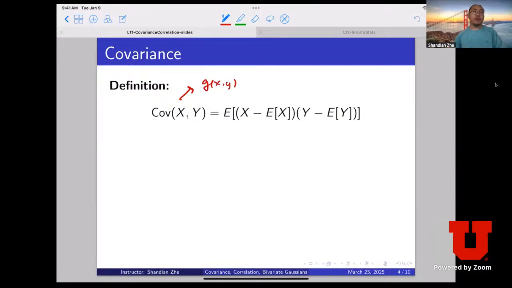That means you have some function g of X and Y, then you take the expectation of g, and you get covariance. Here, this g takes this form.